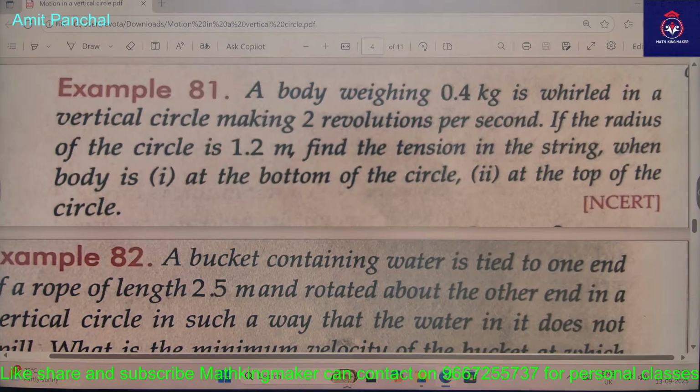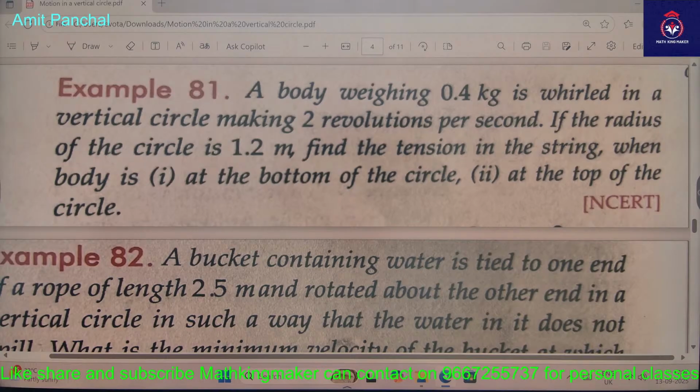And tension at highest. When I found out the velocity by using frequency, I found out the initial velocity, not the final velocity or something else, right? So whenever you start, you find the initial velocity.